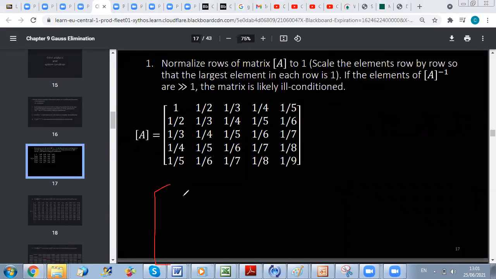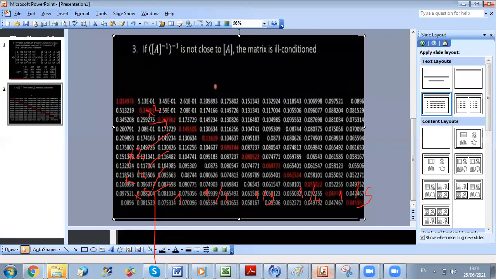The updated matrix will be 1, 1 over 2, 1 over 3, 1 over 4, 1 over 5. And here you multiply all terms by 2. Here you multiply all terms by 3. Here you multiply all terms by 4. And here you multiply by 5.